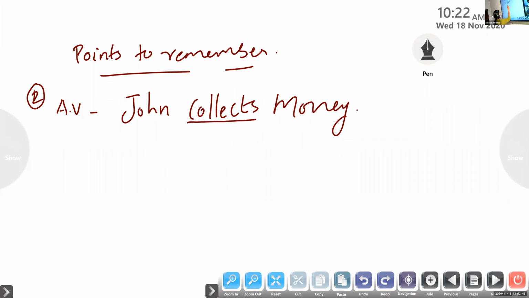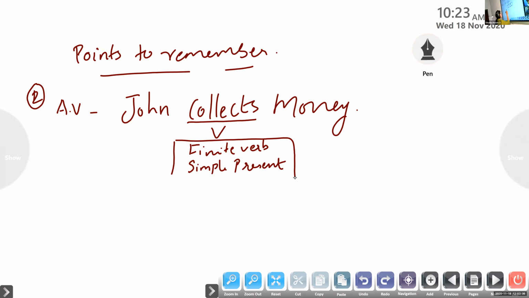Underline the verb. Under verb, you write finite verb. Under finite verb, you write simple present. Put this in a small box.